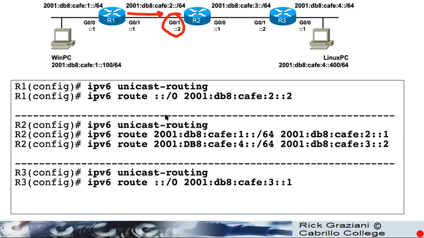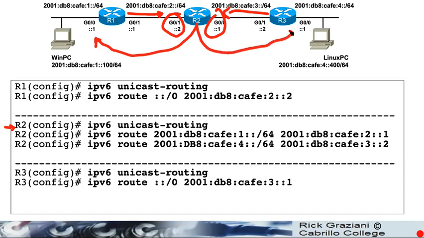I've done the same thing on router R3, created a default route to send things to R2 for all of its remote networks. On R2, I've got a static route to this network and a static route to this network. All I did was give the remote network, here I used uppercase, here I used lowercase. That's not very consistent, but either way works. This is the remote network, and this is the next hop address. We'll talk more about this later.